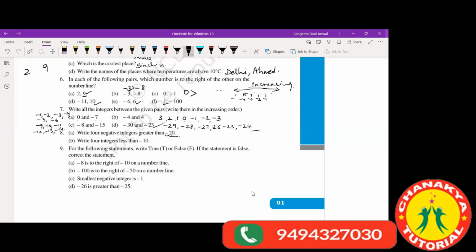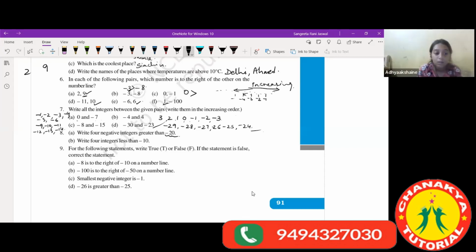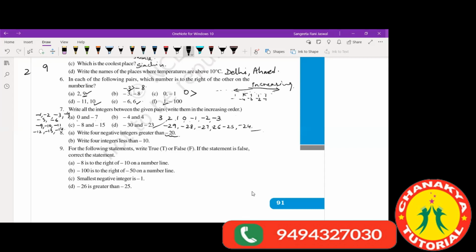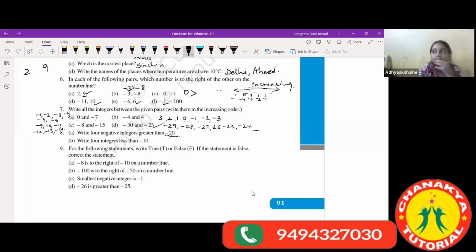Greater means towards the right side. All those numbers that are lying towards the right side of -20. So just tell me any 4 integers. Ma'am, -20.